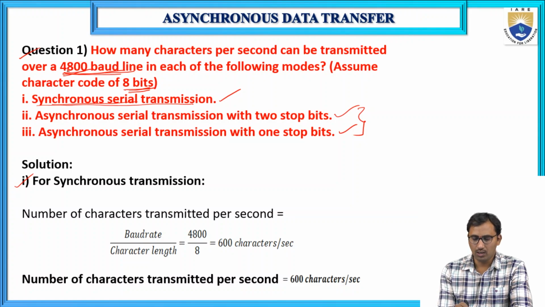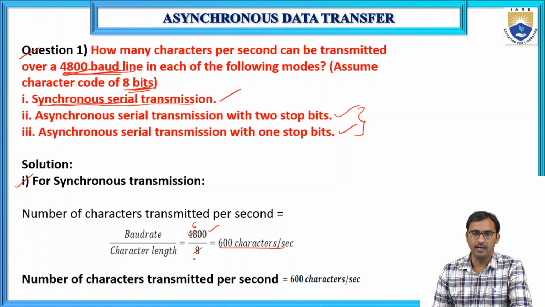The baud rate is given in the problem as 4800, and the character code length is 8 bits. So 4800 by 8, 8 sixes are 48, so 600. That means using synchronous serial transmission, 600 characters can be transmitted per second.